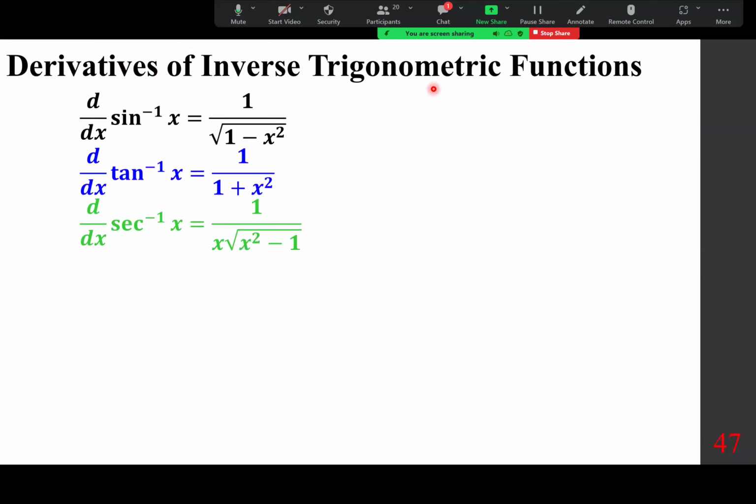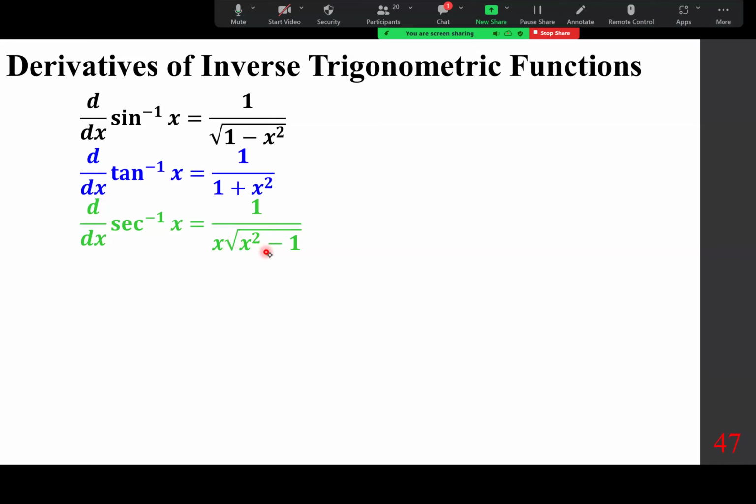Derivatives of inverse trigonometric functions. The derivative of sine inverse is 1 over square root of 1 minus x squared. The derivative of tan inverse is 1 over 1 plus x squared. The derivative of secant inverse is 1 over x square root of x squared minus 1.